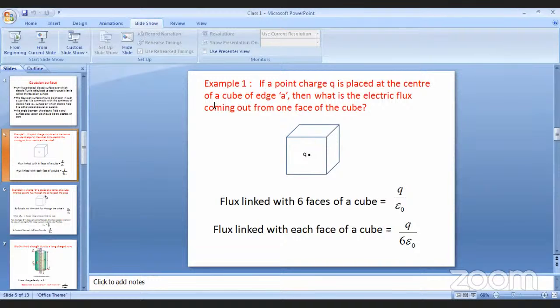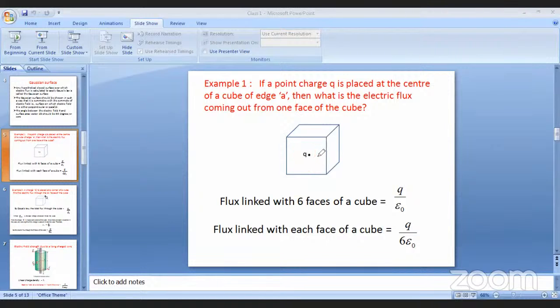You have a cube and a point charge q placed at the center of this cube. The side of this cube is small a. As you can see from the diagram, the charge is exactly placed at the center of the cube.